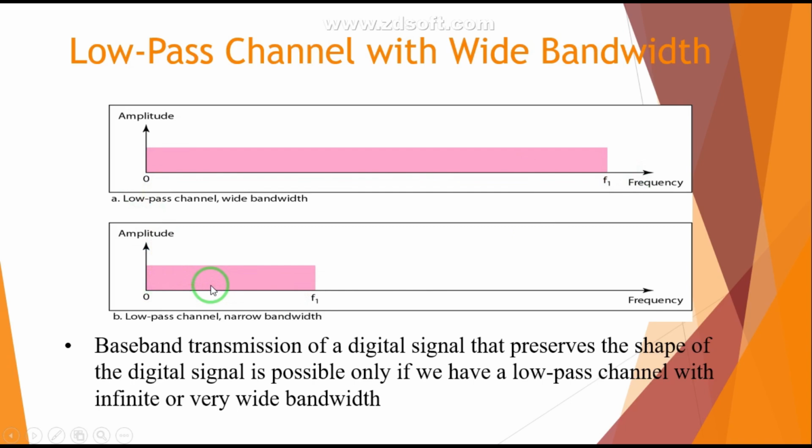It is a narrow bandwidth, but it has a wide bandwidth. Or ideally it should be infinite, but practically it is not possible. So it is moving towards an infinite frequency or very large bandwidth. So it is a low pass channel. Low pass channel means its frequency starts from 0.